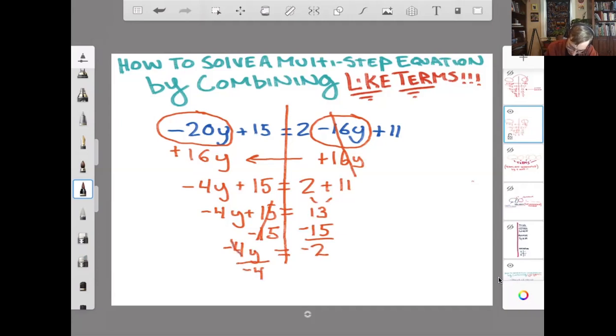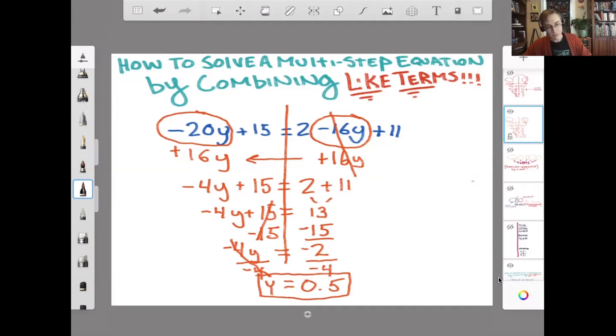So divide negative 4 on both sides. Negative 2 divided by negative 4 is going to give you a total of positive 0.5. Why? Because the negative divided by negative will give you a positive. So that means that the value of y in this problem is 0.5.